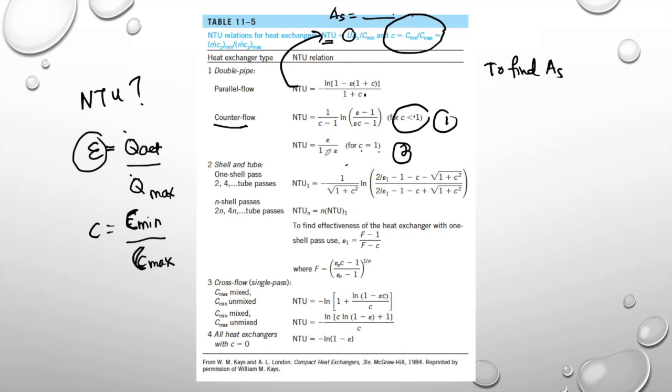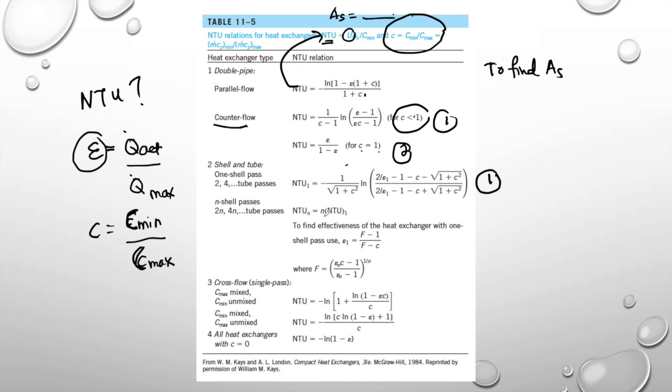Okay. And then again for this one, you have 2 different equations, shell and tube. It is the same as before. For 1 shell pass, 2, 4 tube passes, you will use this equation, number 1. And then for the 2 shell passes, 4 tube passes, you will use this equation.